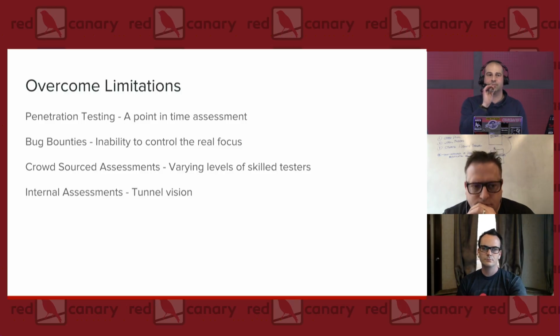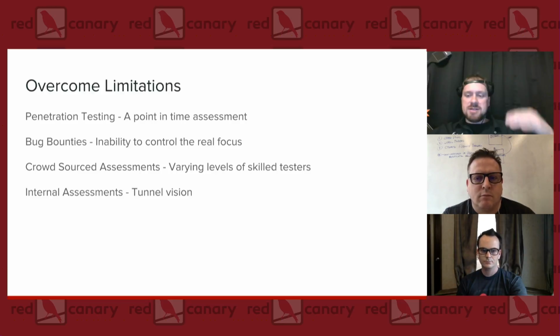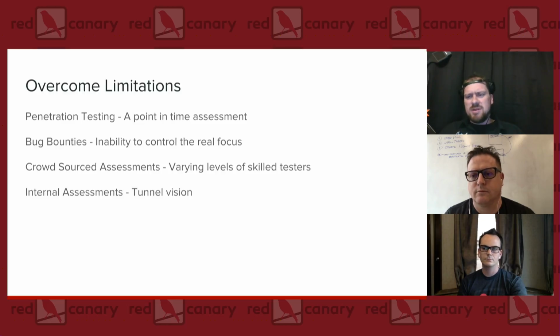Sure. One of the things that's important is that even though we talk about limitations of each of these different approaches, whether it's pen testing, vulnerability assessments, bug bounties, or internal assessments, it's not saying that specific control is worthless. It basically boils down to needing to know what the limitations are and trying to have multiple overlapping fields of visibility so we aren't just relying on one thing. I remember years ago when pen testing was first getting started, everyone was saying that if a vulnerability assessment was done right, there'd be no need for a pen test.